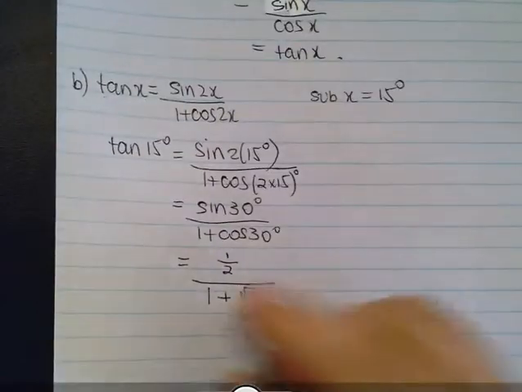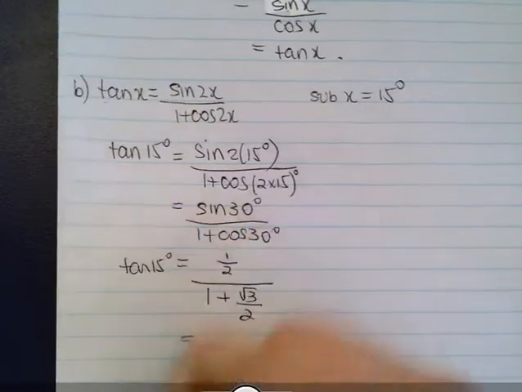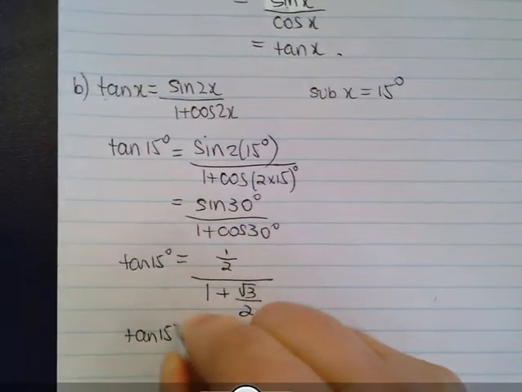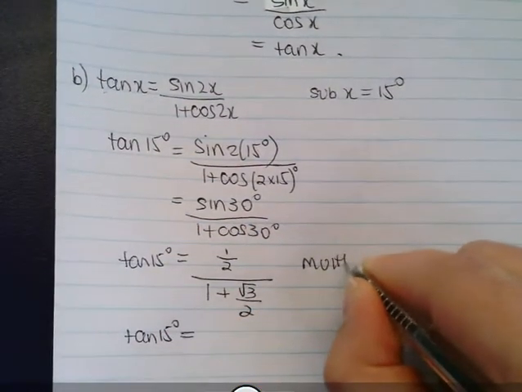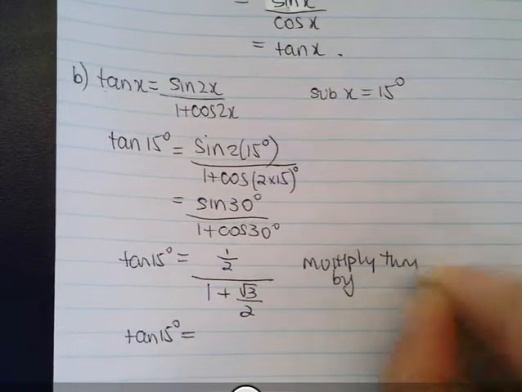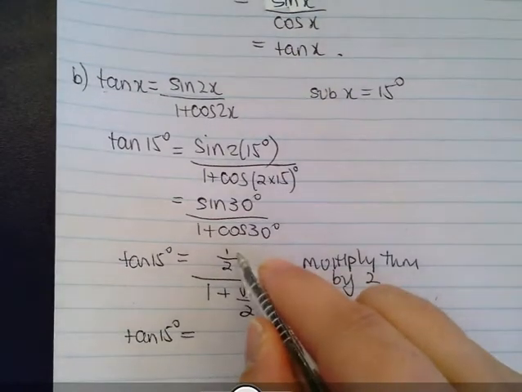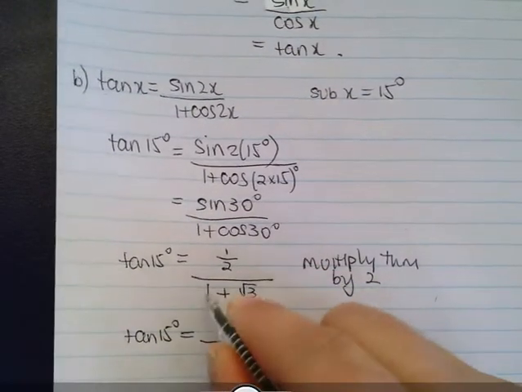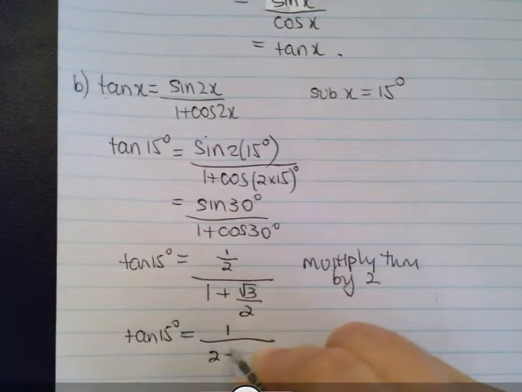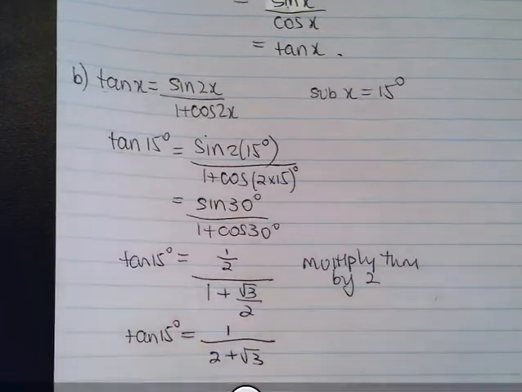Now what do I do with all these 2's on the denominator? What do I multiply through by? Multiply through by 2. In other words, multiply the numerator and the denominator both by 2. A half times 2 is 1. 1 times 2 is 2. And root 3 on 2 times 2 is just root 3. I must rationalise that now.